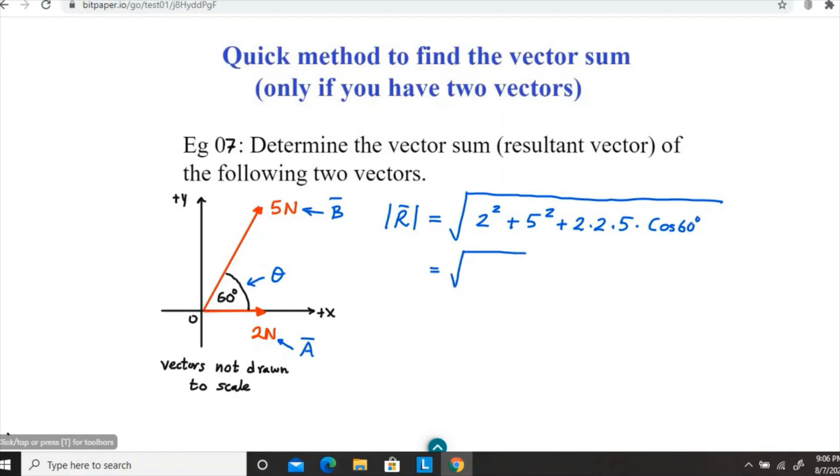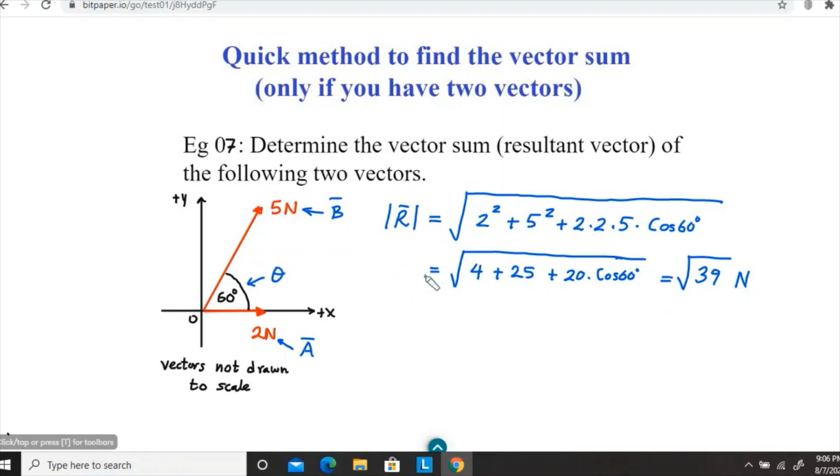If you simplify this, you are going to get 4 plus 25 plus here you have 20 times cosine 60 degrees. Now you should be able to substitute for cosine 60 degrees and simplify this. So then you are going to get square root of 39 newtons, because you can see these vectors are forces.